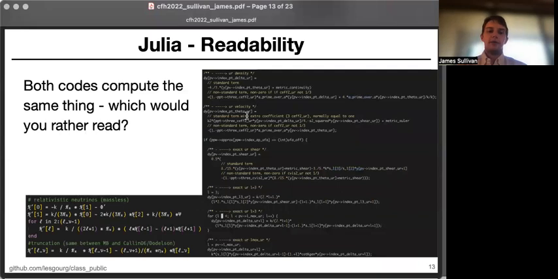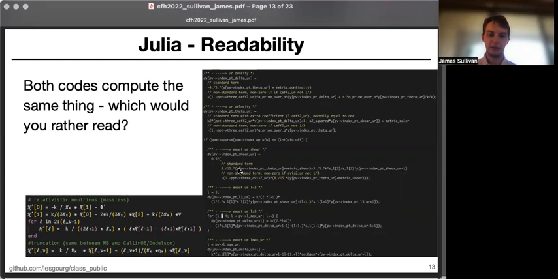One final point I'll make about Julia is that Julia has pretty readable code, in my opinion. On the left, we have some code from Bolt, and on the right, some code from CLASS. And both of these compute the evolution equations for massless neutrinos. And to be totally fair in this comparison, CLASS has 3 lines where they're computing a non-standard contribution.